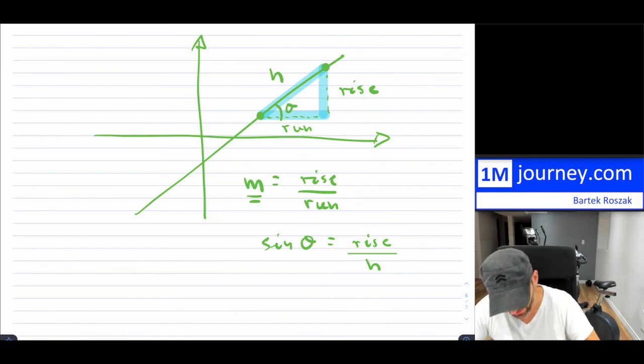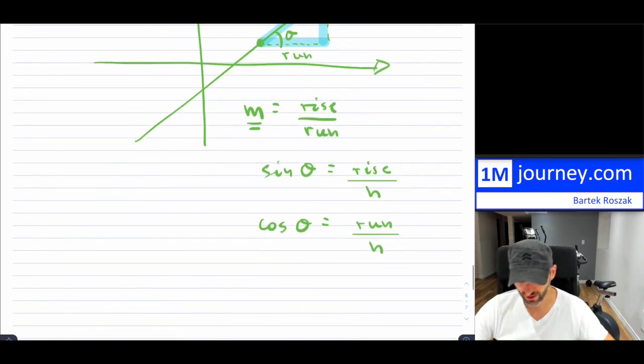And then your cosine is adjacent, which is run over your hypotenuse. So look what happens when you take the sine and then the cosine, and look how they're closely related to your slope.